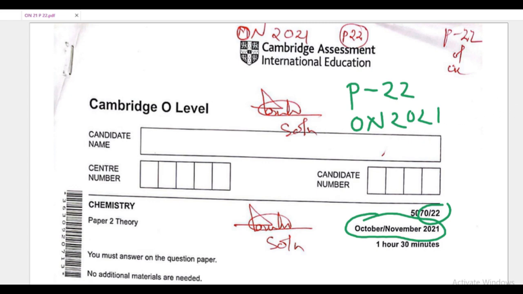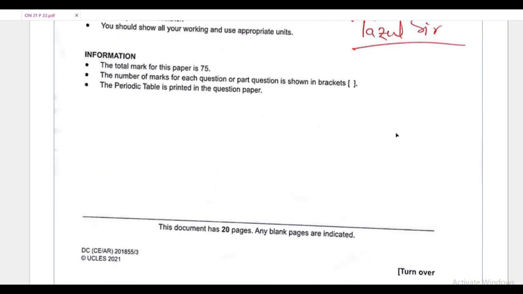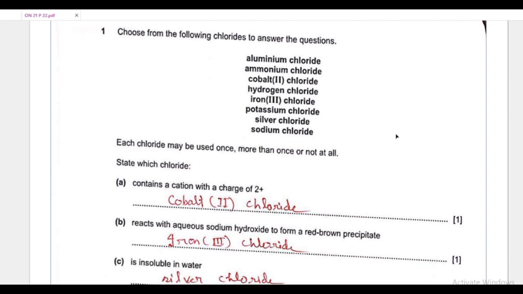Let's move. Number 1. Choose from the following chlorides to answer this question.